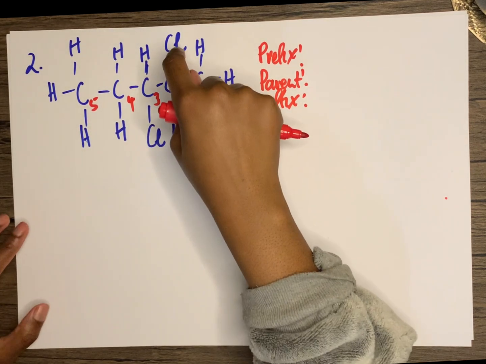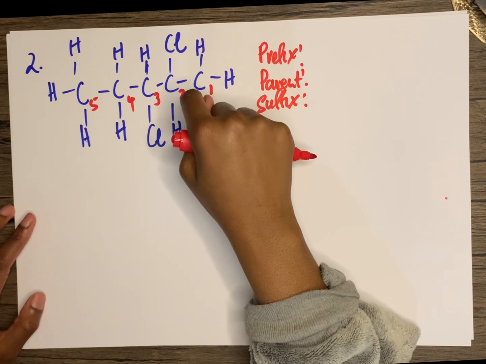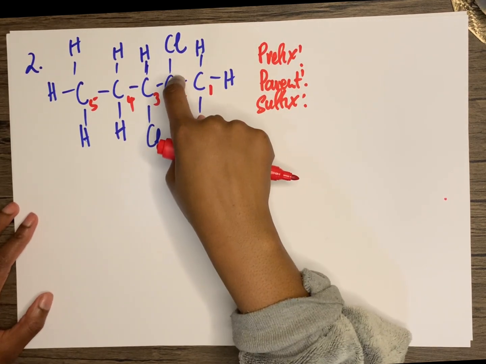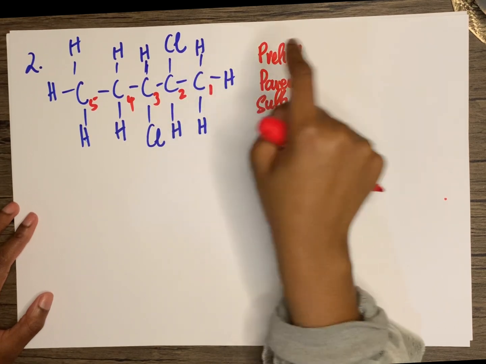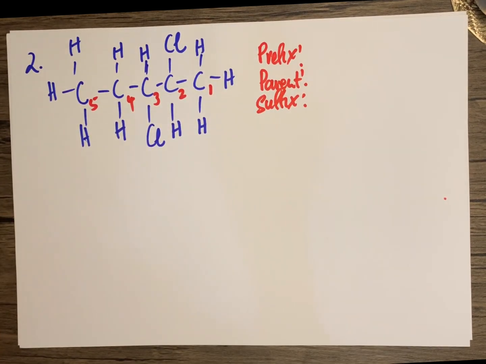Even if both the chlorines were on one carbon, I'd say 2,2-dichloro for my prefix. So I have to mention, even if it's more than one chlorine bonded to one carbon, I have to specify how many chlorines are bonded to that carbon.